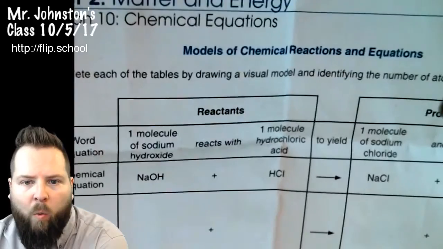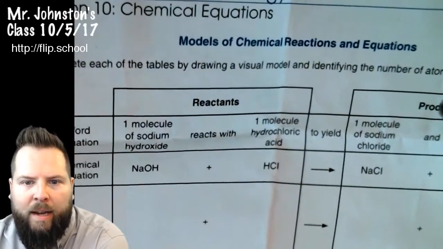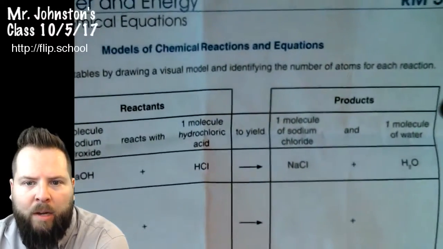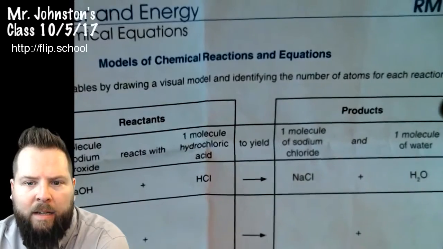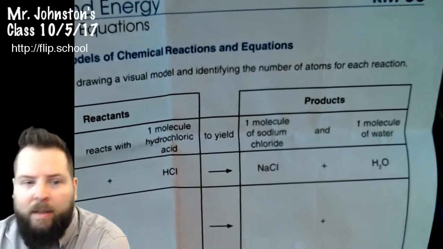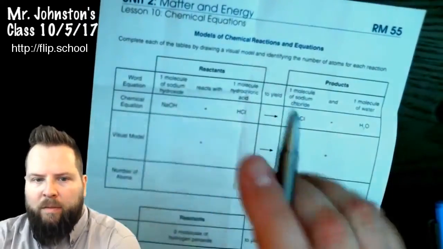So it's one molecule NaOH and one molecule of HCl. And then the products would be NaCl, sodium chloride, which is salt, and one molecule of water, H2O.